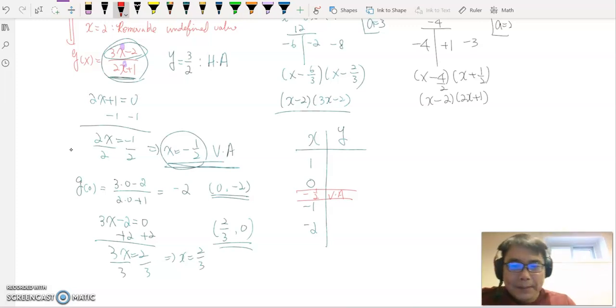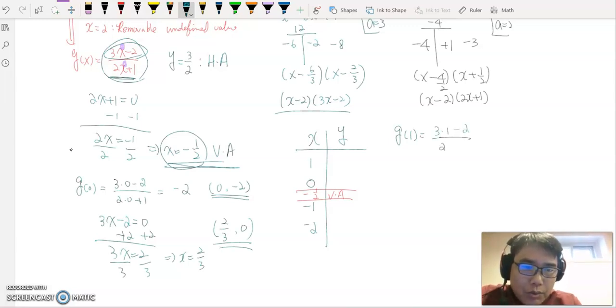Okay. Then if you plug in 1 here, g(1) equals 3 times 1 minus 2 over 2 times 1 plus 1. So 3 minus 2 over 2 plus 1, so 1 over 3.